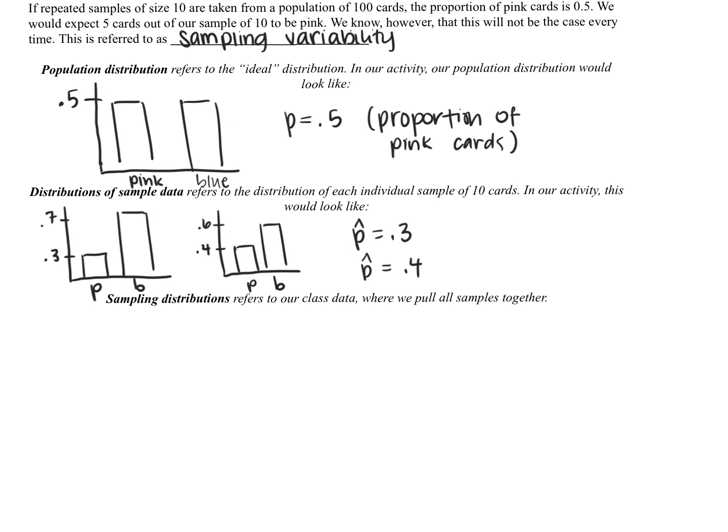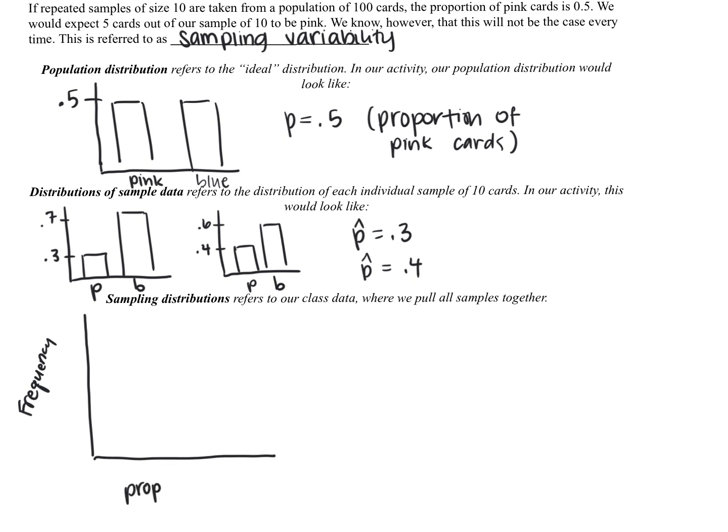Now, the sampling distribution refers to the entirety of the data. So if I were to do, let's say, 100 trials of this, and I recorded every time, your y-axis would now be a frequency, and I recorded all of the different proportions of pink cards.